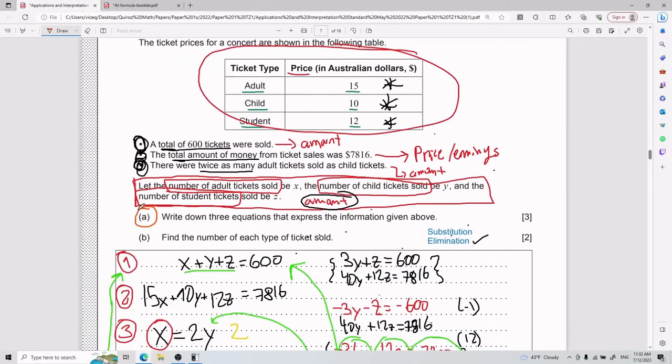Again, for part A, you need to capitalize on what type of equations you can do. Be very general. One of them can be amount, the other one can be price. Maybe in another scenario, there's another option. But you have to think very categorically for part A and approach from there.